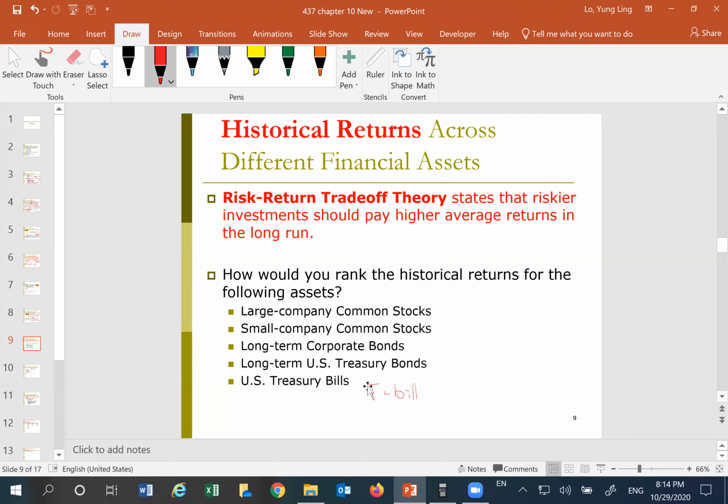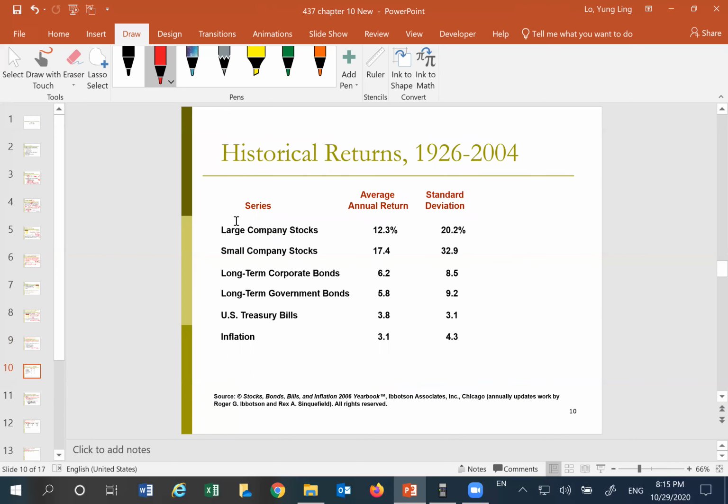For that reason, T-bills are also known as risk-free assets. RF stands for risk-free. And therefore, the rate of return that you earn on T-bills is also known as your risk-free rate.